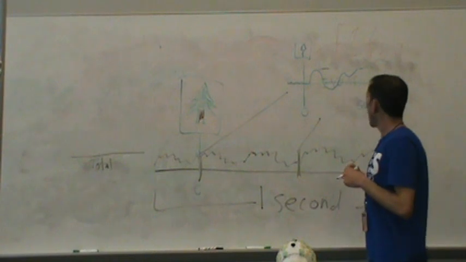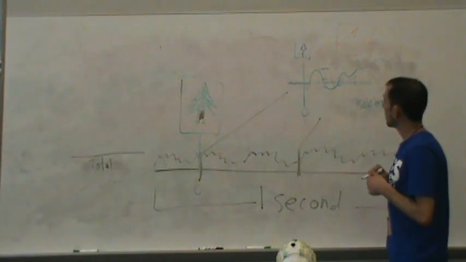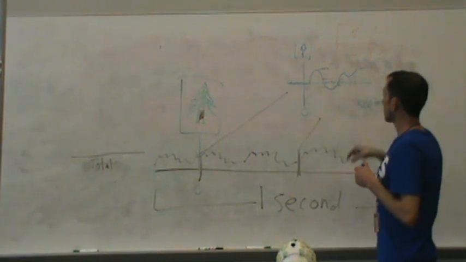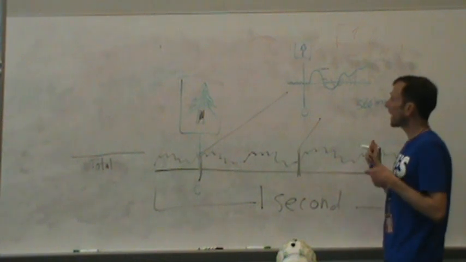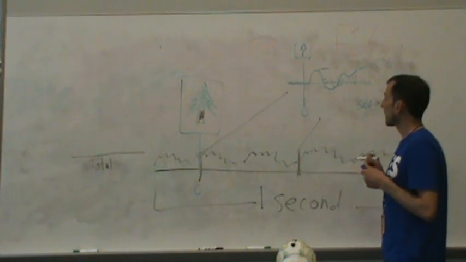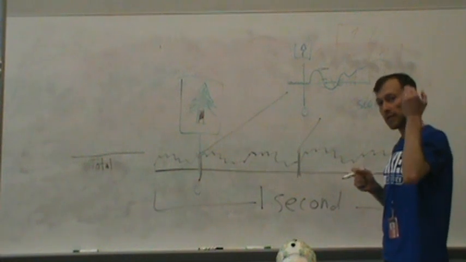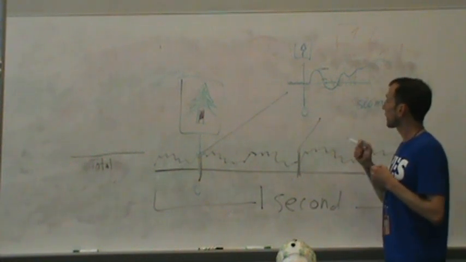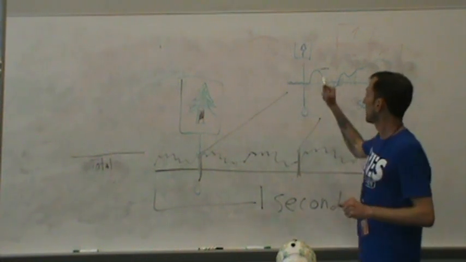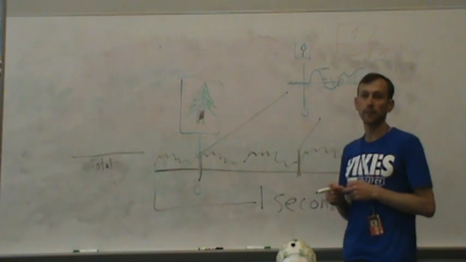And what we're interested in is looking at the size of these different components, because they can tell us something about the cognitive processes occurring related to seeing that picture of the tree.